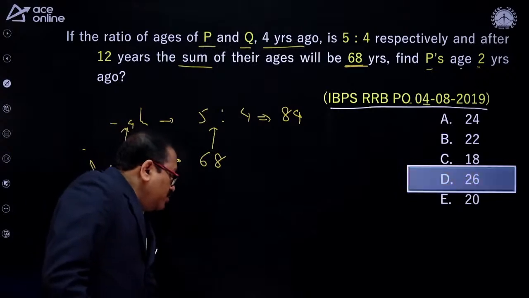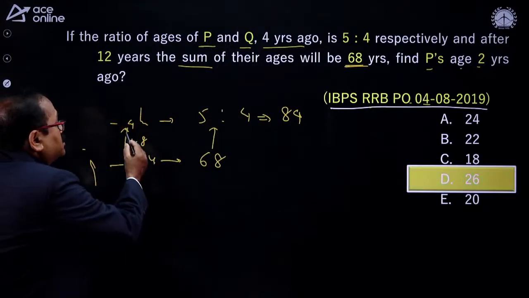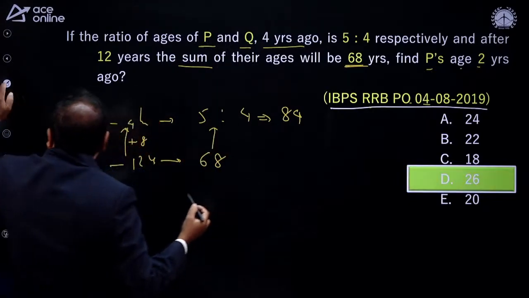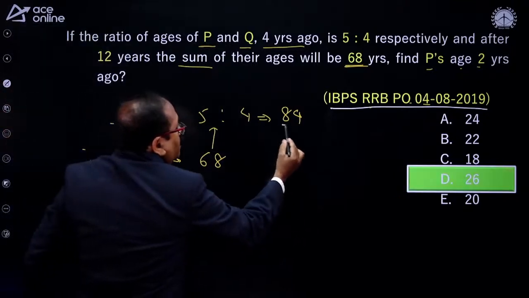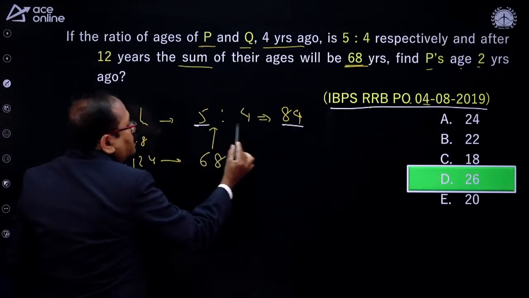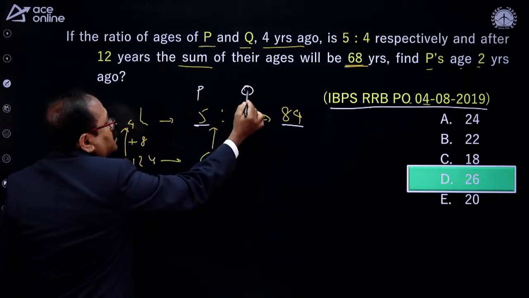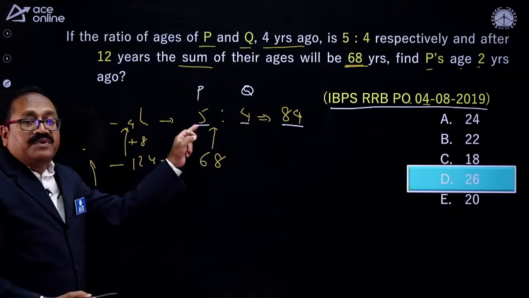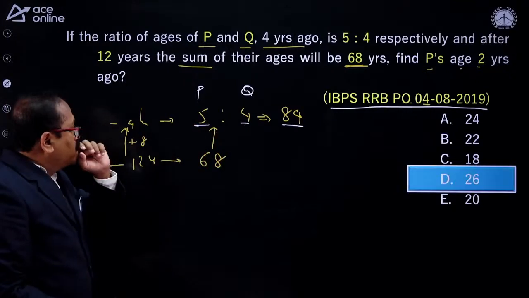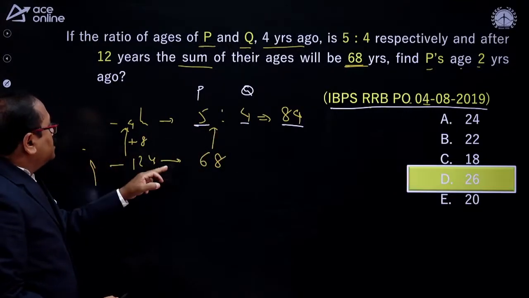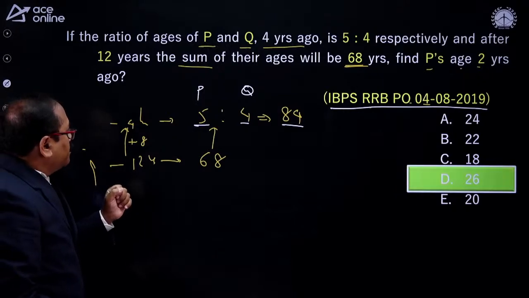Now, how do I get that? I know the sum of the ages 4 years ago was 84, and the ratio was 5:4. So I need P's age. This is P and this is Q. The total is 9, and 84 is not divisible by 9.